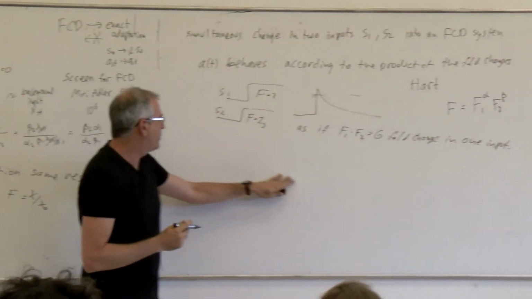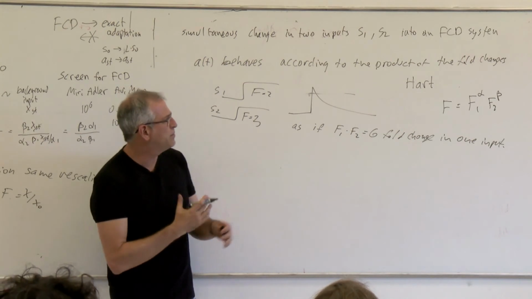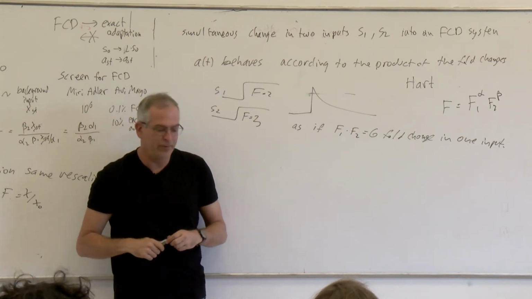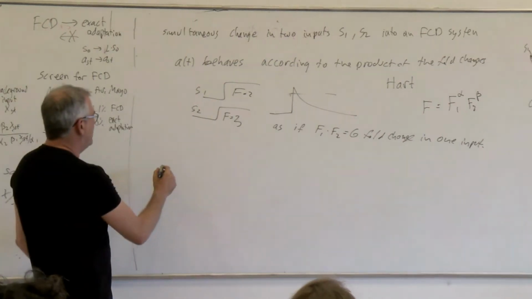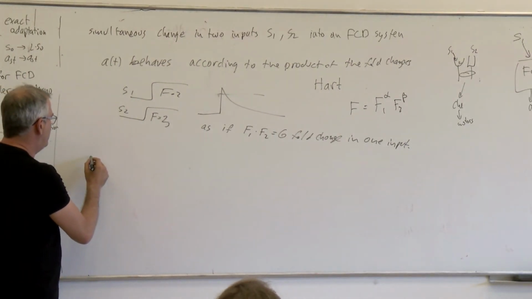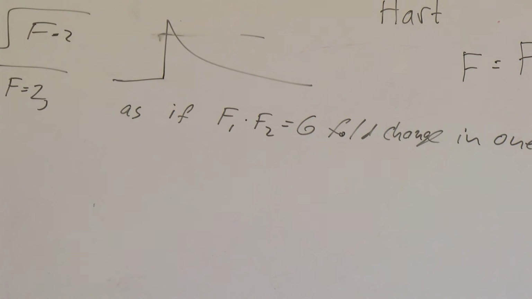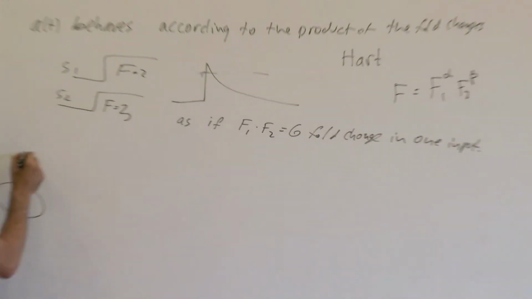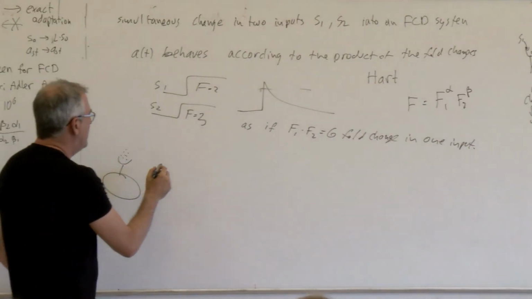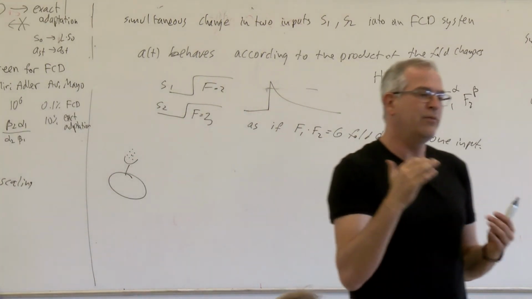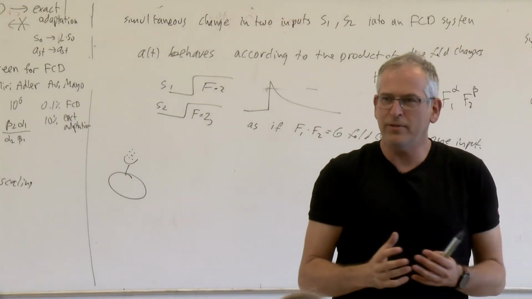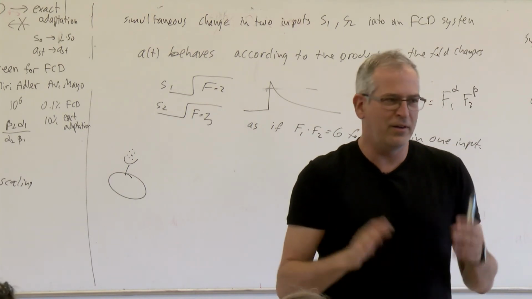I'm going to end with why this is in the part on robustness. So just to say that if you have a cell with a receptor and it's detecting binding of attractants, and now I suddenly have an increase of 10 binding events per second, should the cell get excited or not care?